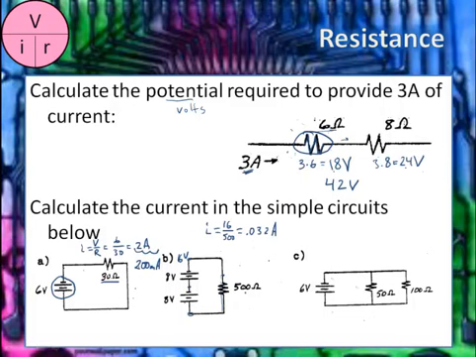So this last example is a preview of some stuff we'll talk about in a few videos when we talk about more advanced circuits. In this first example here, I've got the two resistors set up in a line. That's what's called in series.